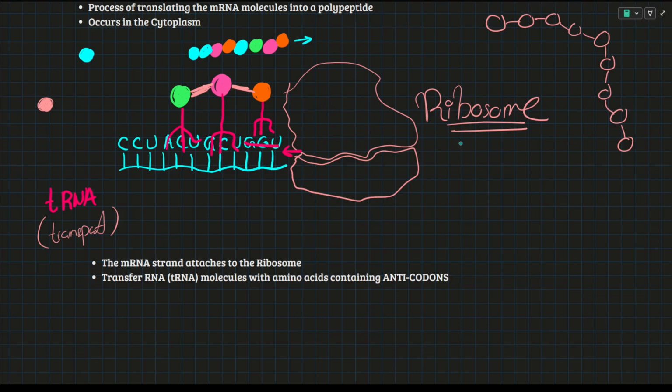If this was a codon, meaning if GGU was my codon, tRNA molecules have anticodons, meaning what's the opposite of this? CCA, since uracil would bind with adenine. This is my codon, and this is my anticodon.